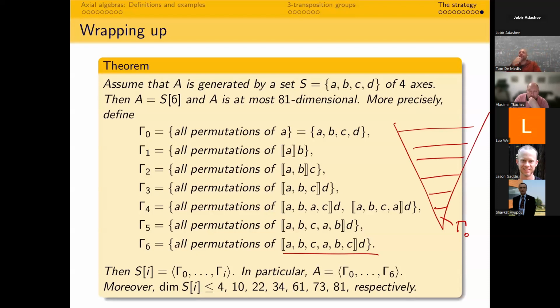There's no way to get more elements than the ones you already have, and you have very good control over what's happening in each level. You can even write down specifically what the bounds are in each level. And at the end, you magically get exactly the upper bound of 81, which is the one that we required, and that we know is sharp because of the example that we have.